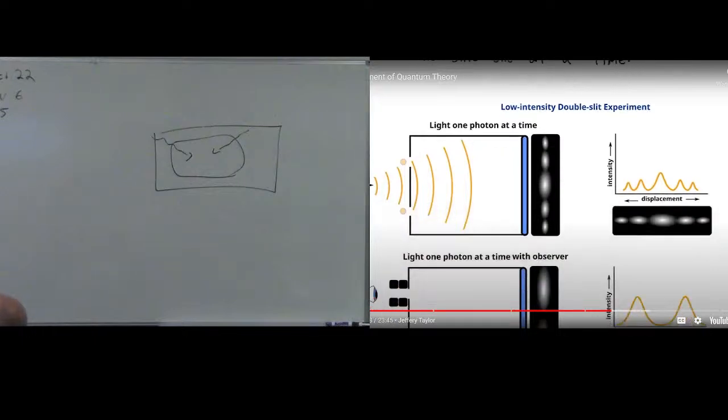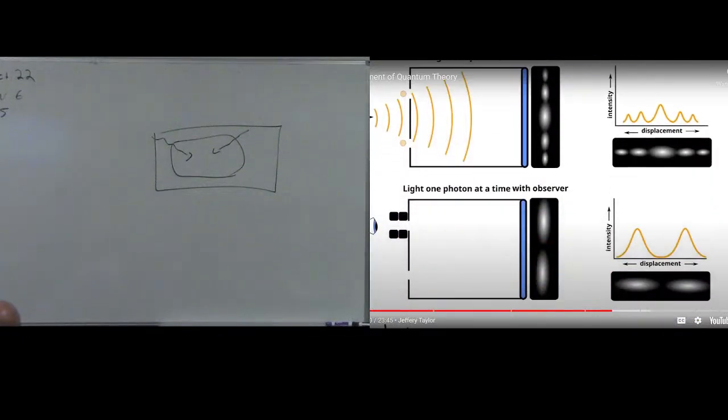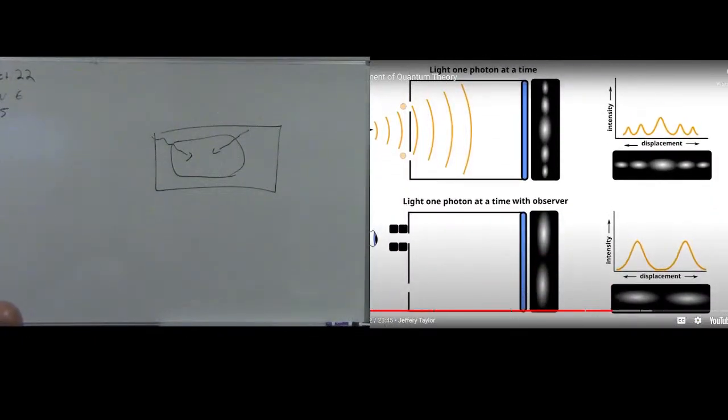But now something else that's pretty bizarre. If we actually check, because we're suspicious, does light really go through both slits at the same time? Maybe we'll put an observer at one slit and see if every time we fire this photon through, it goes through this slit as well as this other slit.